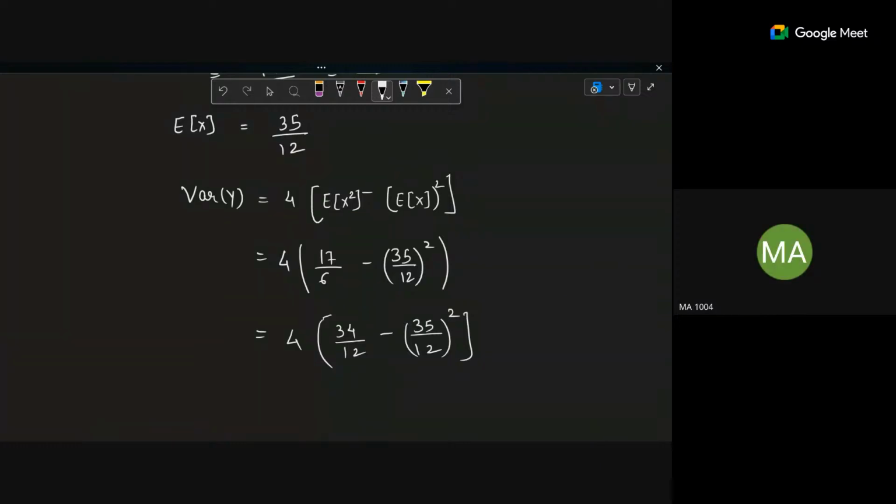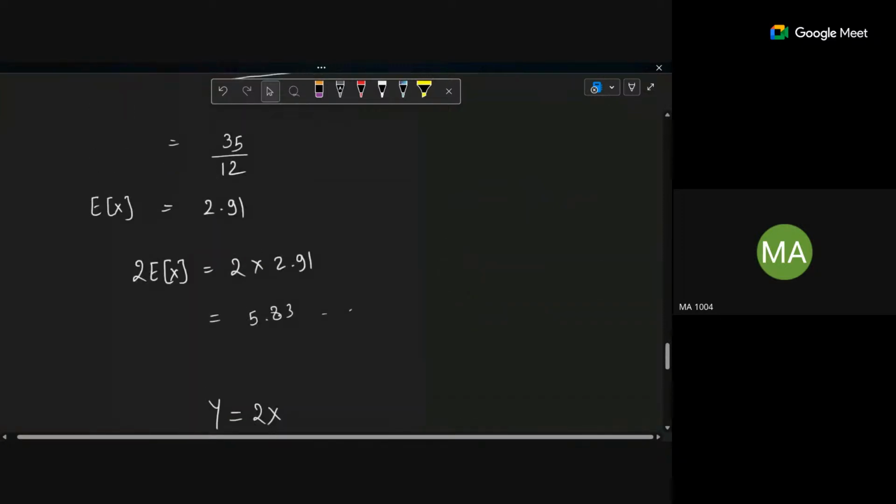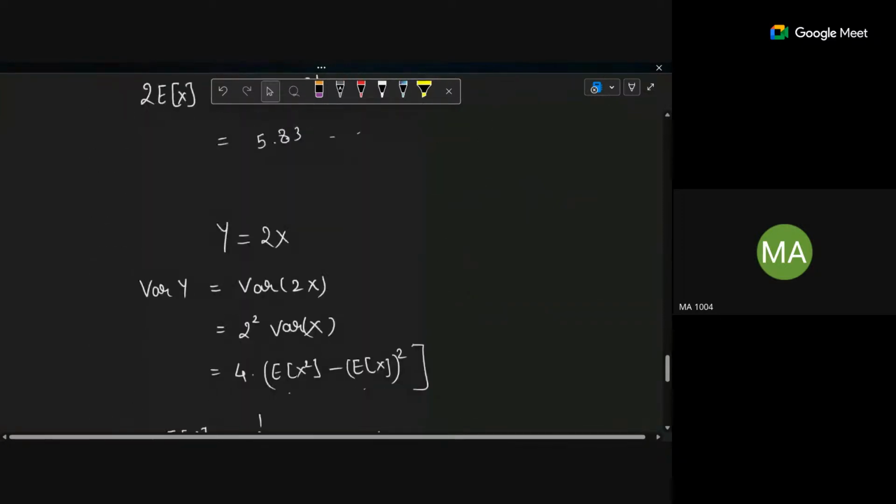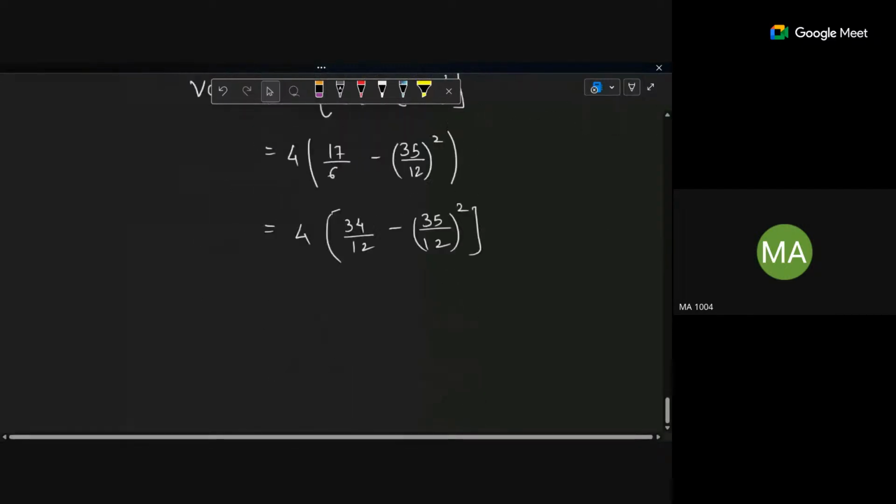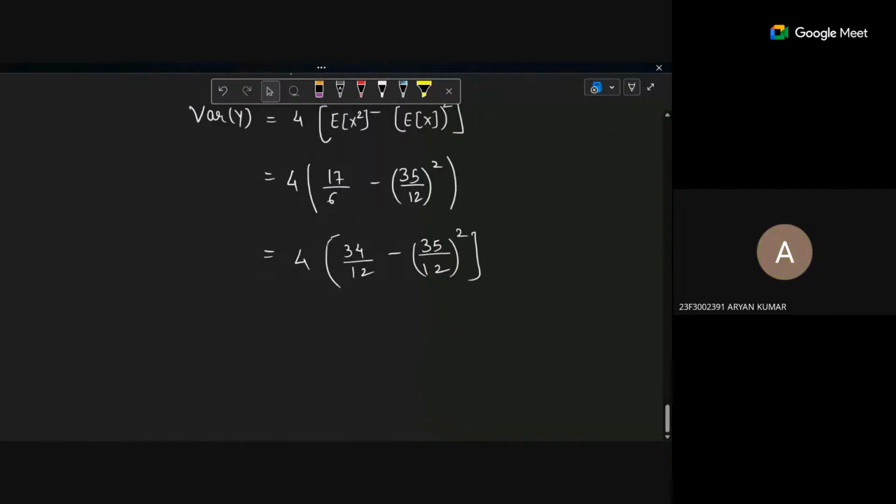It should not give you a negative one. This 35 by 12 was correct. Fine. Ma'am, can it be possible that a PDF is valid and giving negative values? It cannot be possible, ma'am. No, it's not possible.